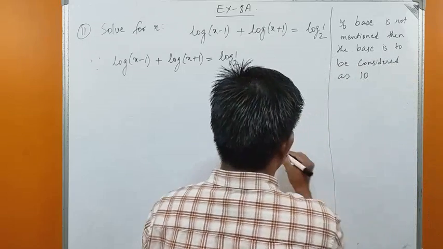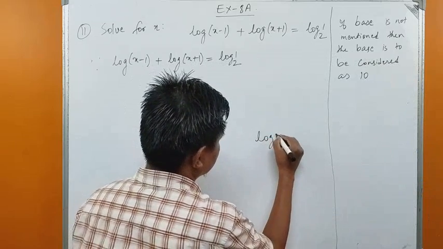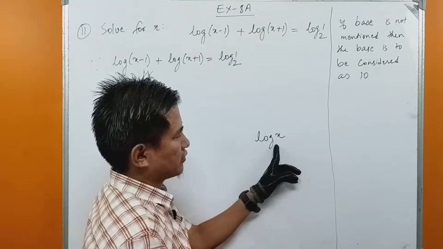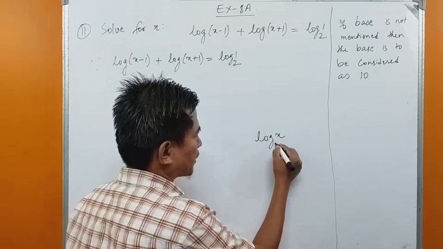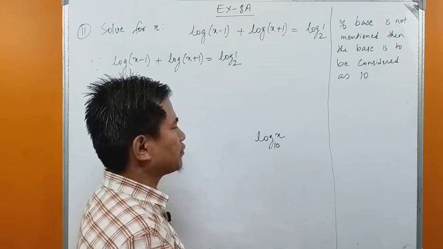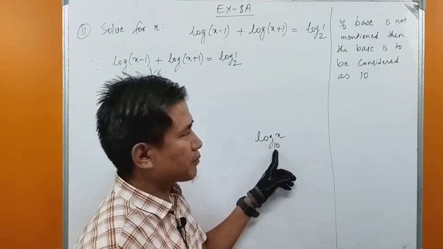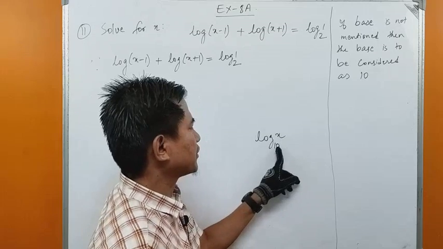Suppose if I write log x without any base, there is no base, means the base is 10. If base is not mentioned, then we must understand the base is 10.